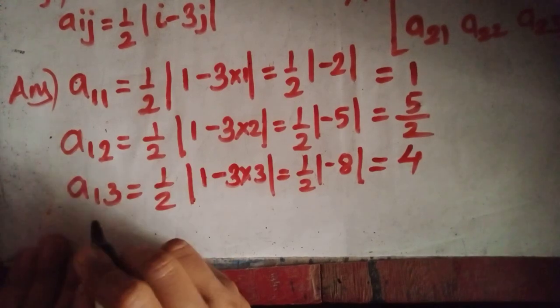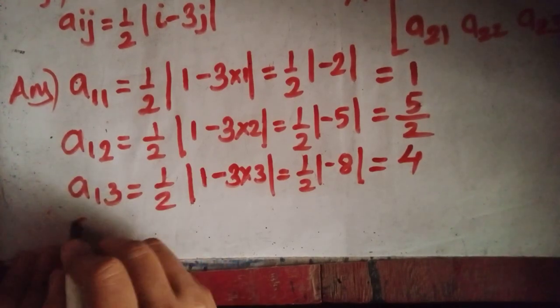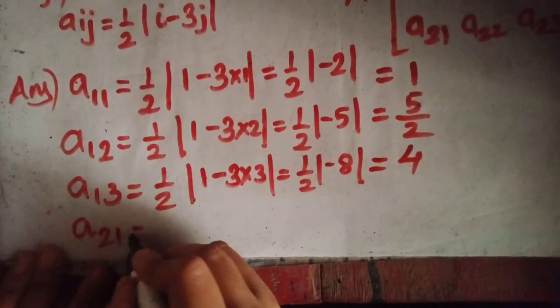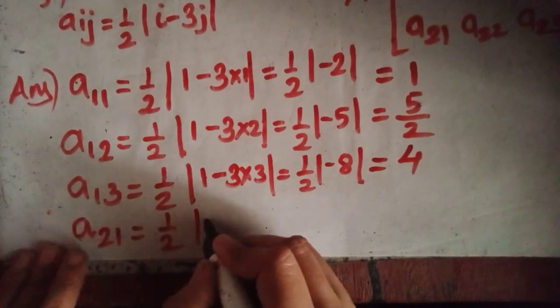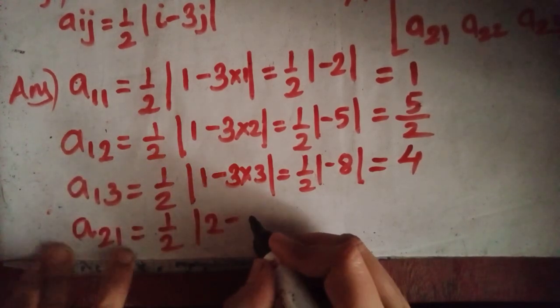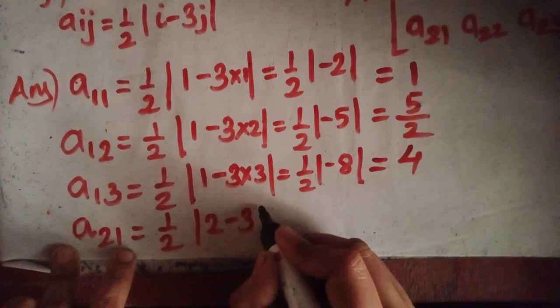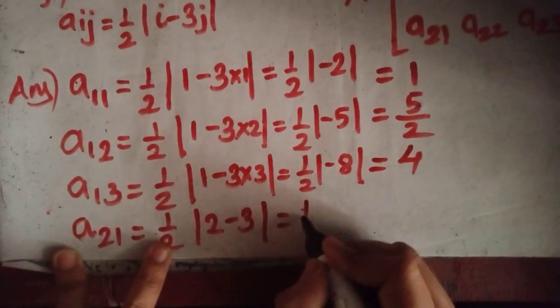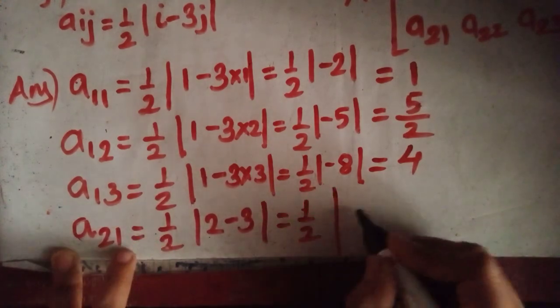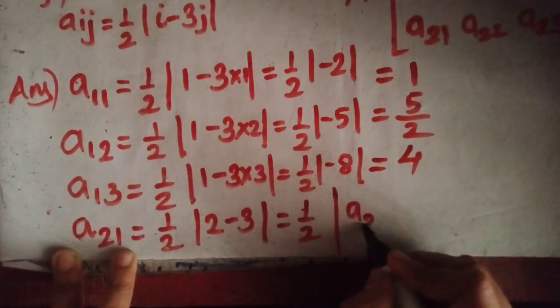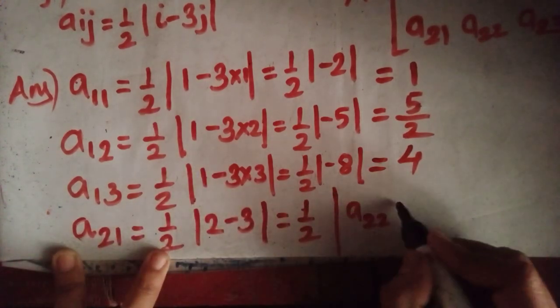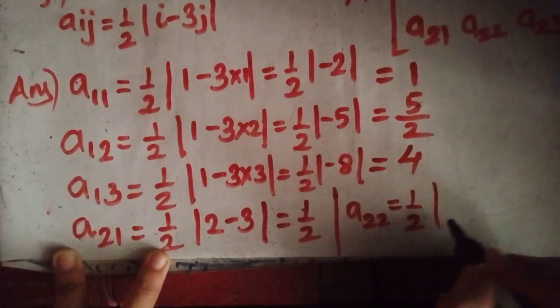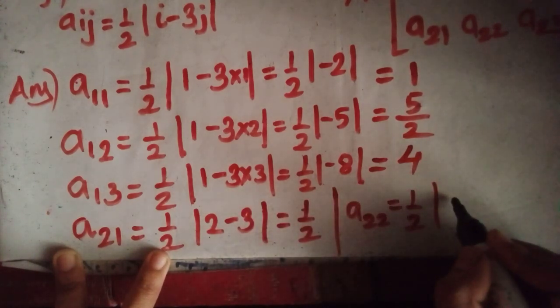Now for A21, your i is 2 and j is 1. So 3 into 1 is 3. You'll get minus 1 here, so it will be half. Now A22, both are 2. So half, 2 minus 3 into 2, which is 2 minus 6.